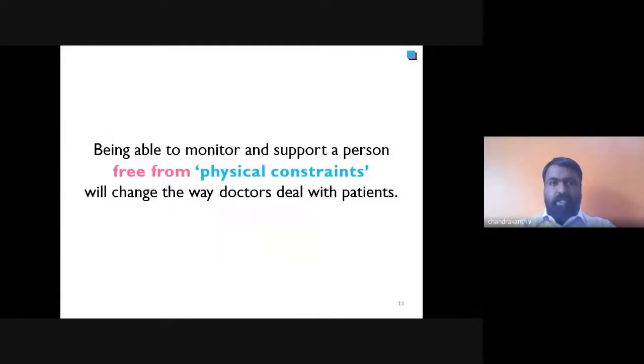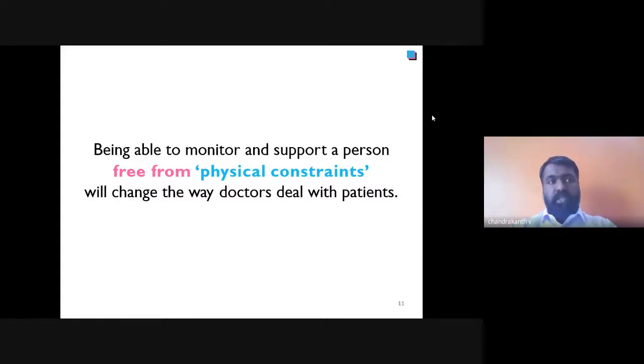Being able to monitor and support a person free from physical constraints will change the way doctors deal with patients. That means every time a doctor need not be in front of a patient to analyze him. With all the data, he could make conclusions and prescribe a particular medication, and that could be assisted to him.